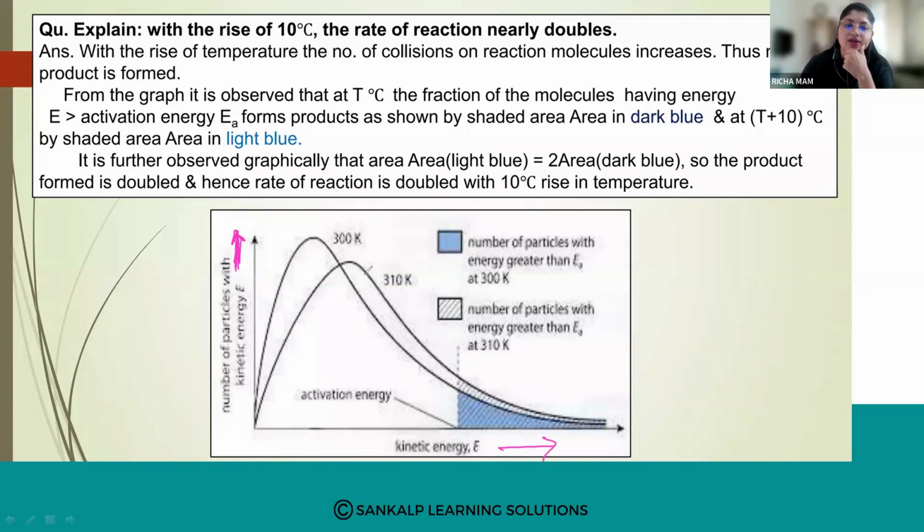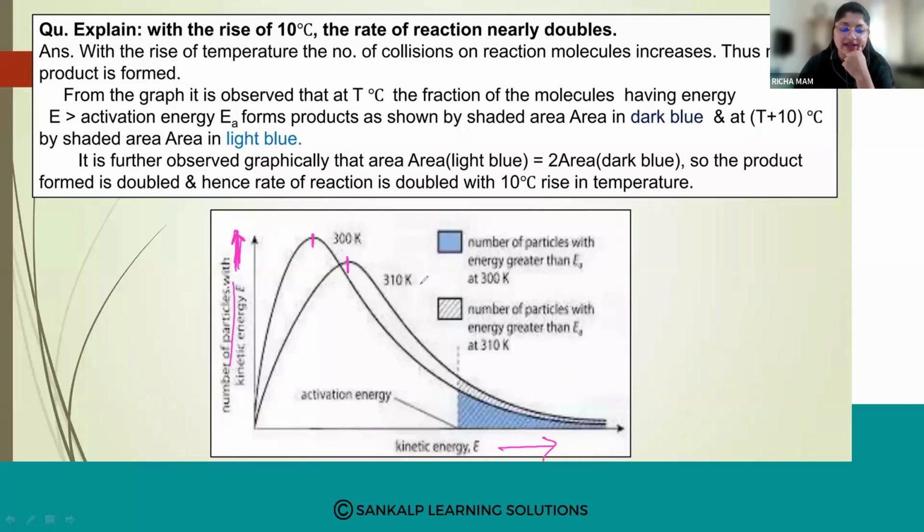So these are the two different graphs, showing the distribution of kinetic energy among the gas molecules at two different temperatures. One is at 300 Kelvin, another is at 310 Kelvin.